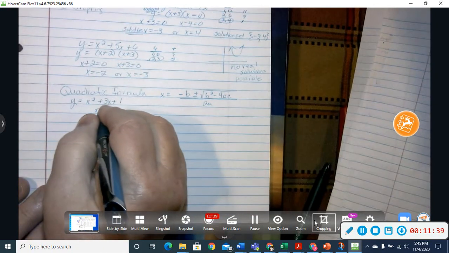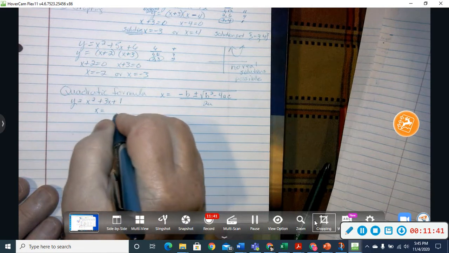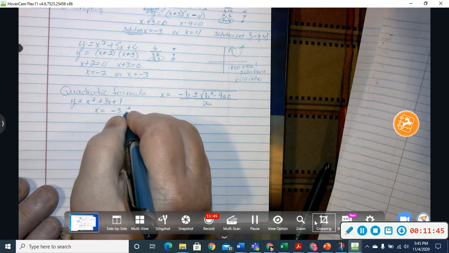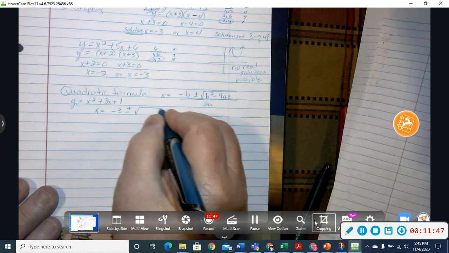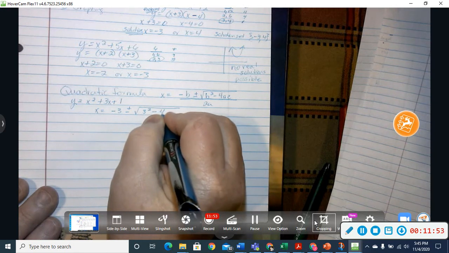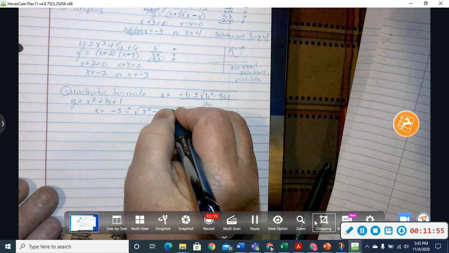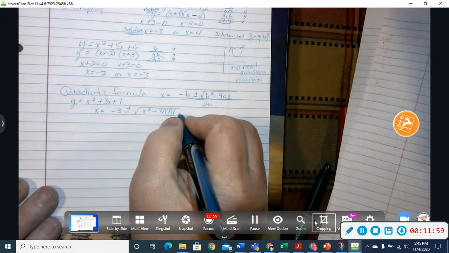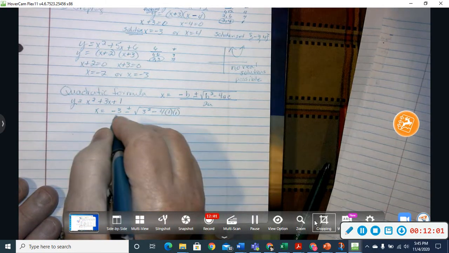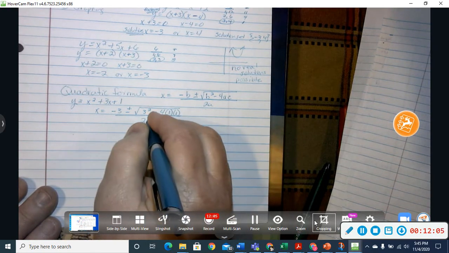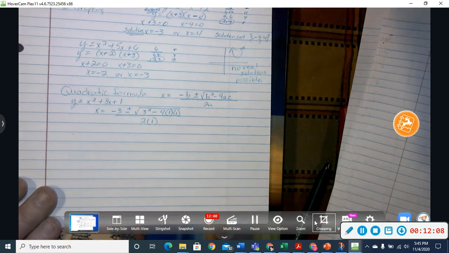So x is going to equal the opposite of b, so negative 3 plus or minus the square root of 3 squared minus 4 times the a value, which is 1, times the c value, which is 1, all over 2 times the a value, which is 1.